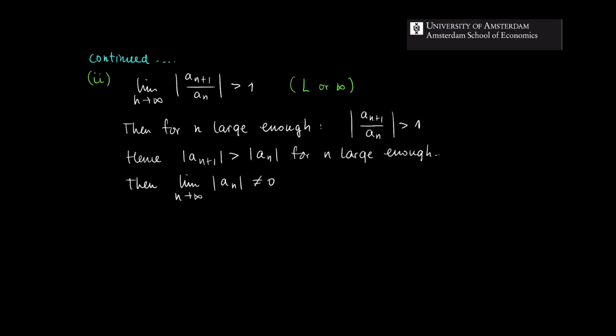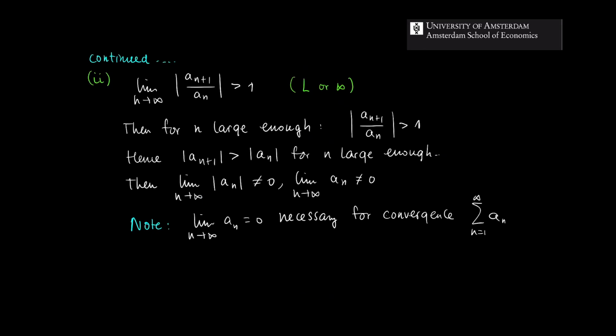So when the absolute values are not moving towards 0, then the an's are not going to 0 either. But we should have a limit of an going to 0, which is necessary for convergence of a series. So we immediately can tell that the sum of n equals 1 to infinity of an is divergent. And this concludes the proof.